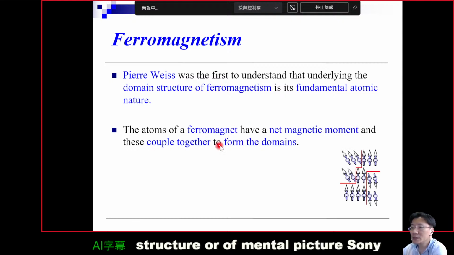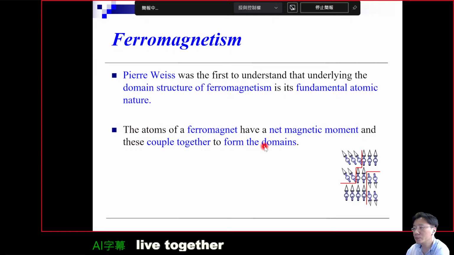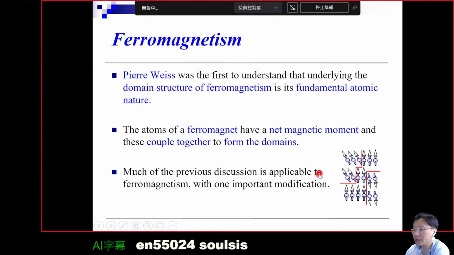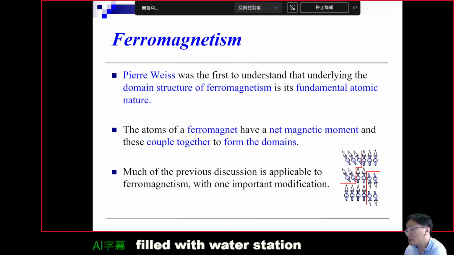So the atoms of the ferromagnet have a net magnetic moment, and they will couple together to form a domain. So much of what was previously discussed is applicable to ferromagnetism, with one important modification. You can imagine, why would those atomic magnets or spins not interact with each other?